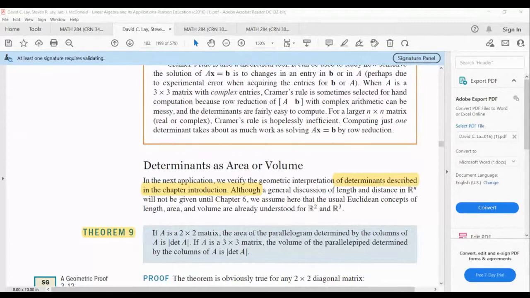So let's look at how this would be. Let's actually prove this. But one moment, I'm getting something out here. I want to have this in front of me. Yeah, we're going to prove Theorem 9. So let's go ahead and go to the slides.